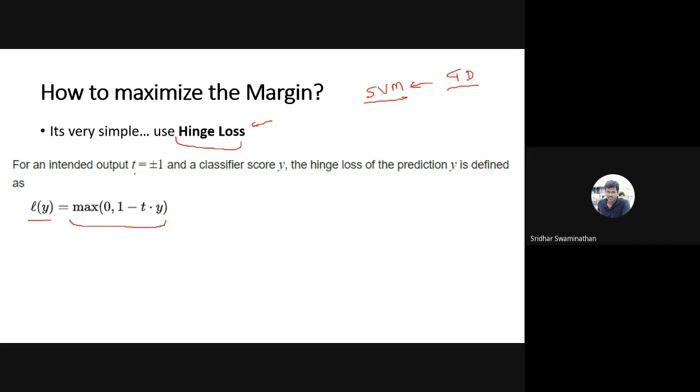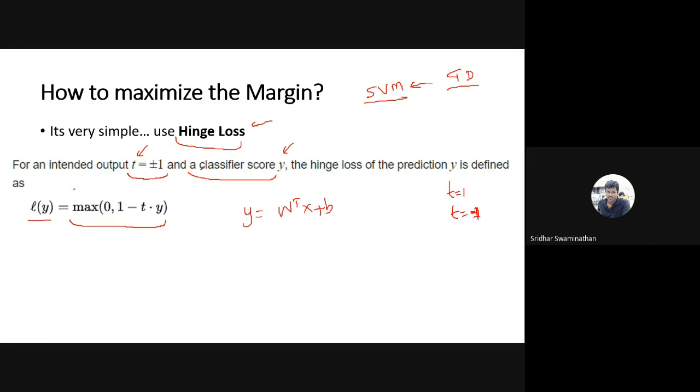Now this t is the true value of the class. If t is equal to 1, it is a positive class. t is equal to -1 means it is a negative class. And the classifier score y is computed using W transpose x plus b. No activation, nothing at all.